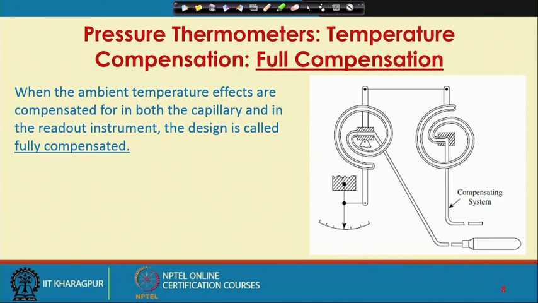So, for a fully compensated design, the effect of ambient temperature is compensated for the capillary as well as the Bourdon tube and the associated elements.